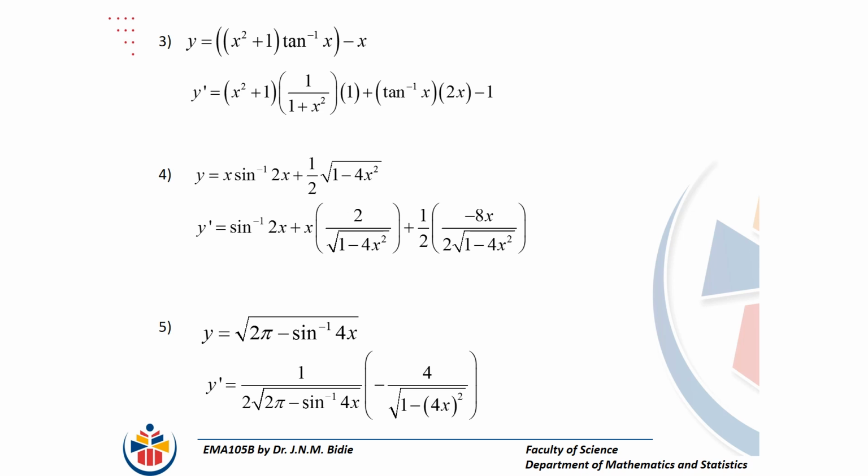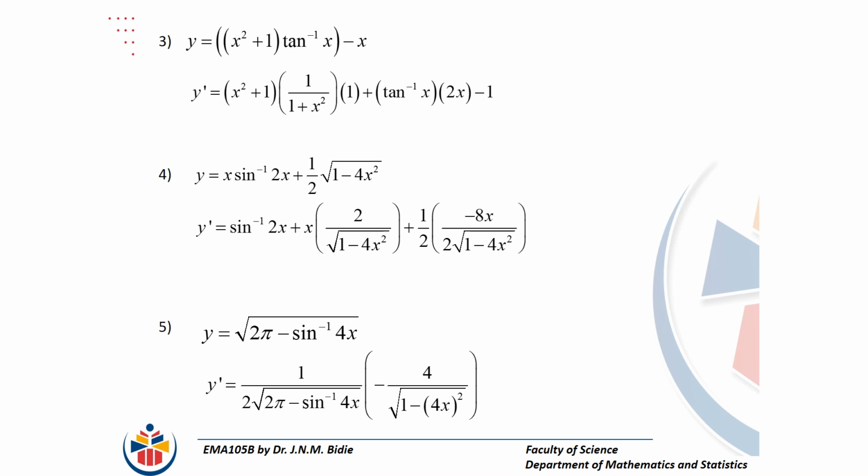And we know arcsine gives us 1 over the square root of 1 minus the argument of arcsine squared in the denominator, and it has 1 in the numerator. But now, because the argument of arcsine is not x, it's 4x, then we have to have the derivative of 4x in that numerator, which is 4.